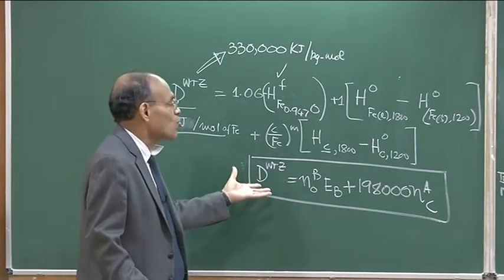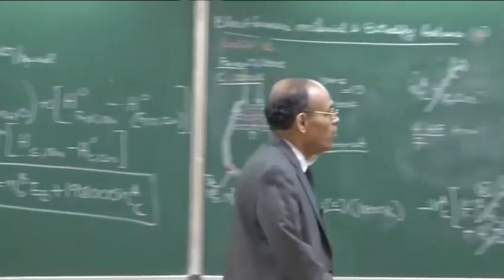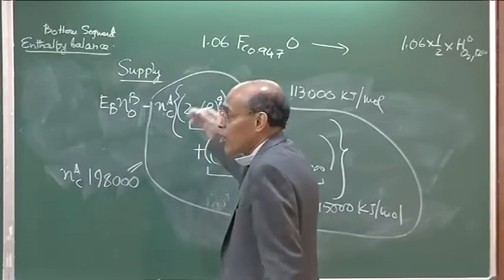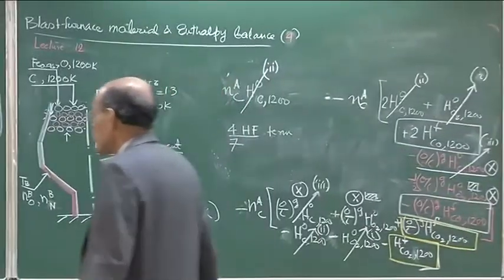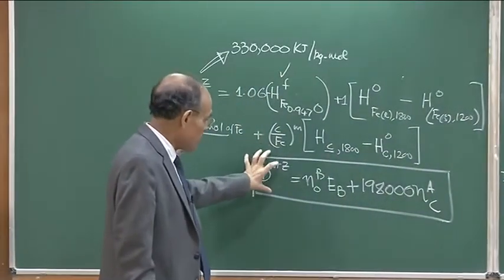It is the demand that is going to change. The right hand side will remain, whether it is a non-idealized blast furnace operation or an idealized one, because the simplifications that we have done are applicable across the board. So the whole task is going to be calculation of the dWRZ.